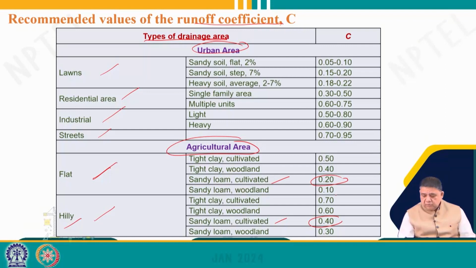Remember that C shows what percentage of rainfall gets converted into runoff. So, it clearly shows that for a hilly terrain, with similar land and cultivation conditions, runoff will be twice that from a flat agricultural area. This is what we get to see here.